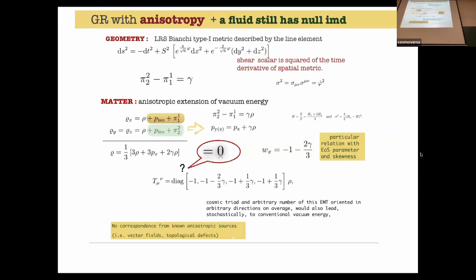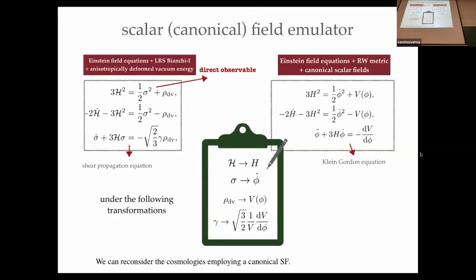When we add all the pressure contributions, we obtain a relation between the skewness, because the directional Hubble parameters are different in the Bianchi type universe, and the skewness parameter and the equation of state parameter. And this T mu nu does not correspond to known anisotropic sources such as vector fields, topological defects, or something else. This is surprising, we actually haven't expected it.